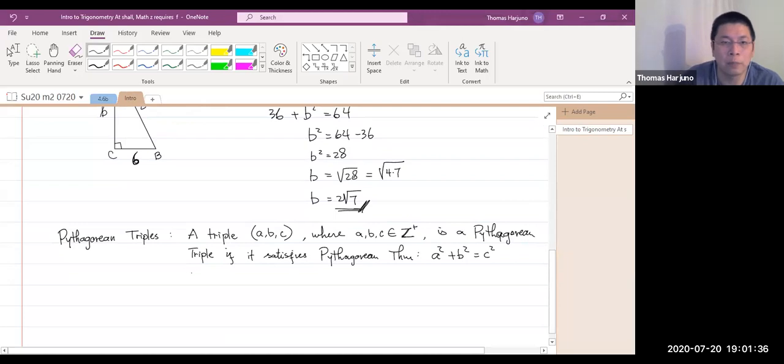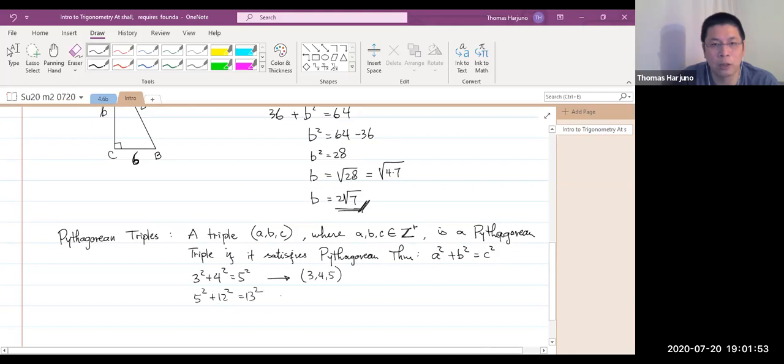One triple, for example, we know that 3 squared plus 4 squared equals 5 squared. So the triple is 3, 4, 5, where 5 is the hypotenuse. Another one is 5 squared plus 12 squared equals 13 squared. I write this down so that you memorize it, and we use these numbers a lot.